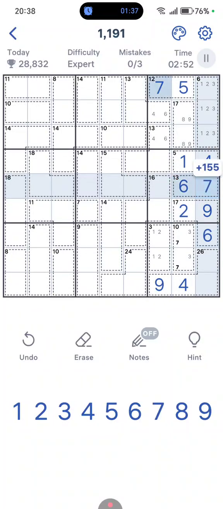This is 7. So now we know it's got to go down here as well, which is going to be 5 and 8. And also we now know it's got to go here. 1, 2, so 3, 5, and 8.